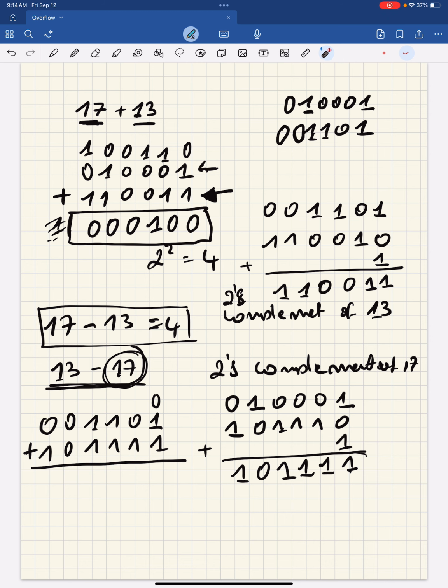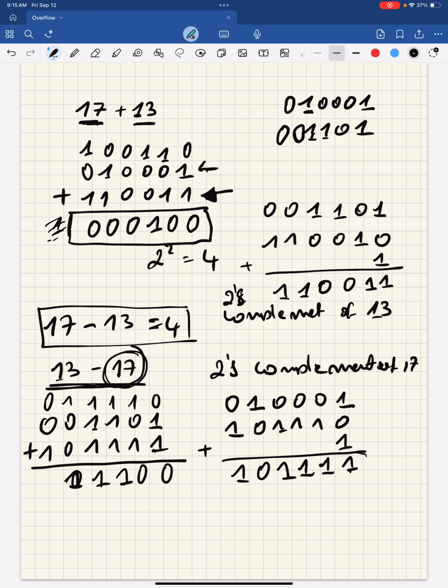Starting with the rightmost position, 1 plus 1 is 0, and the carry is 1. 1 plus 1 is 0, and the carry is 1. 1 plus 1 plus 1 is 1, and the carry is 1. 1 plus 1 plus 1 is 1, and the carry is 1. Then 1 plus 0 plus 0 is 1, and the carry is 0.